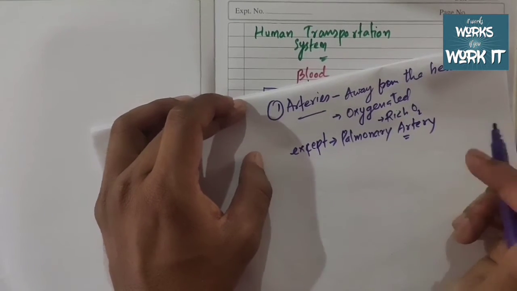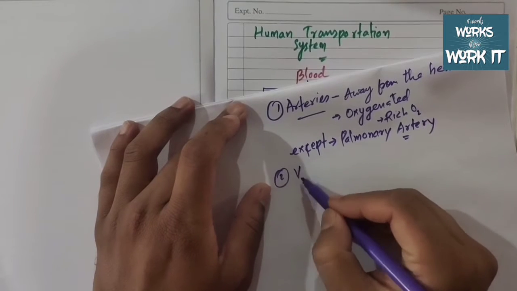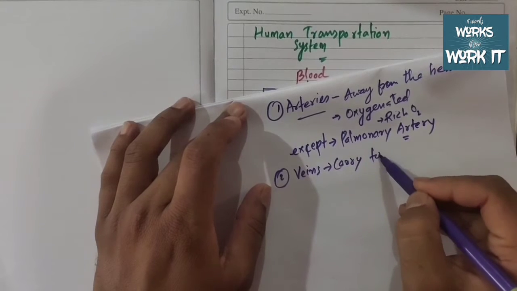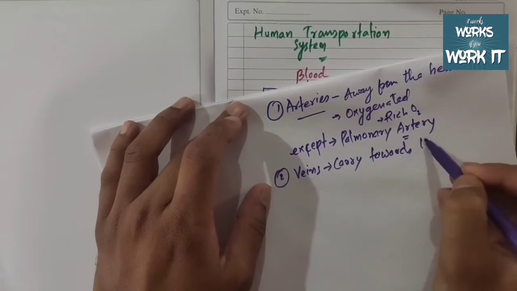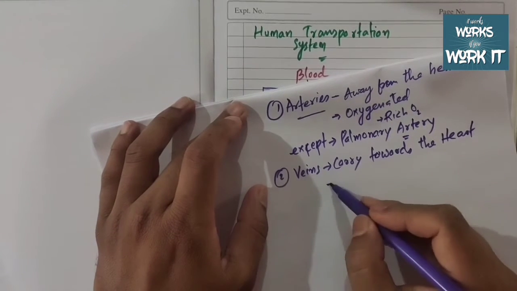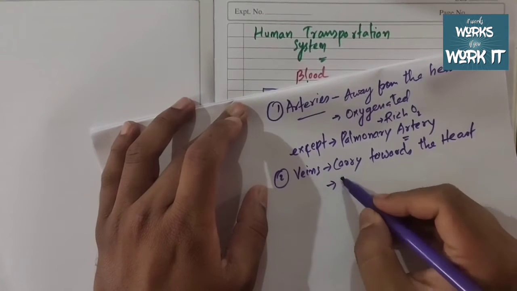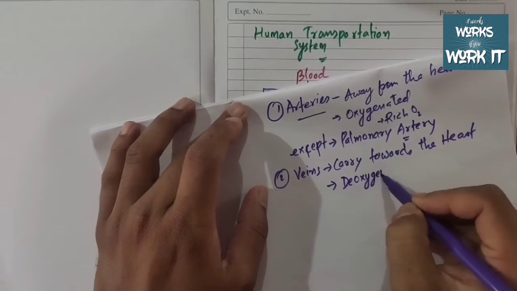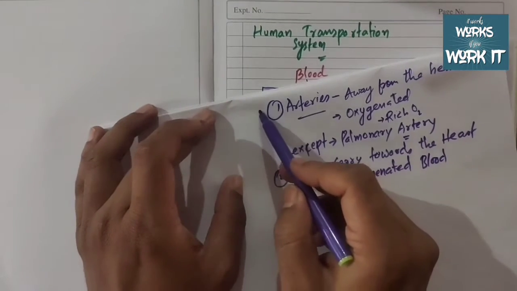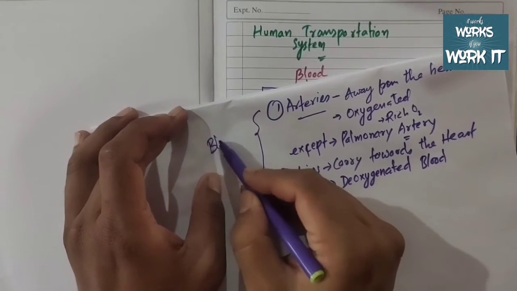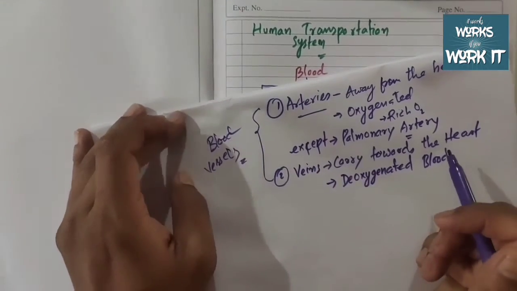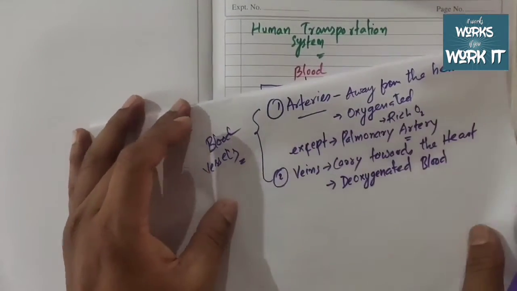Next are the veins. They carry blood towards the heart, and the blood they contain is deoxygenated. These are the blood vessels which carry the blood in our body and in our heart.